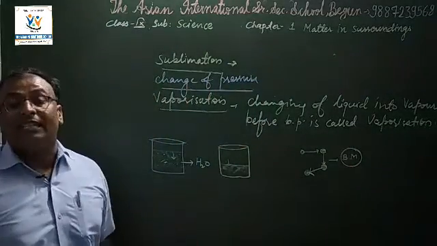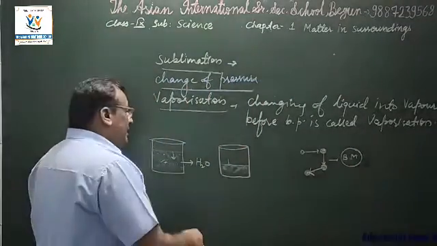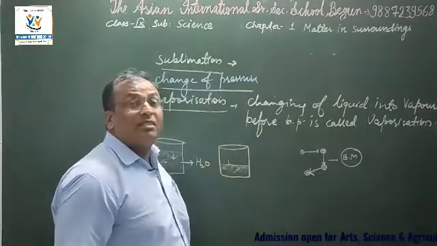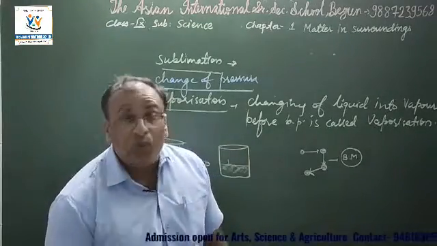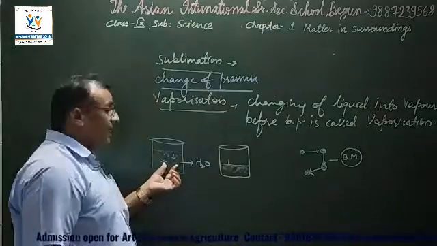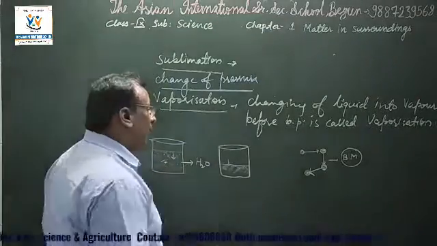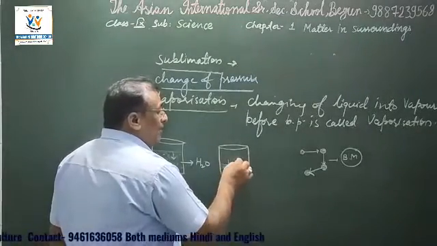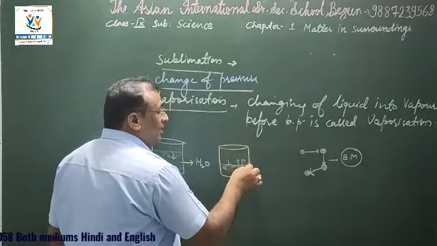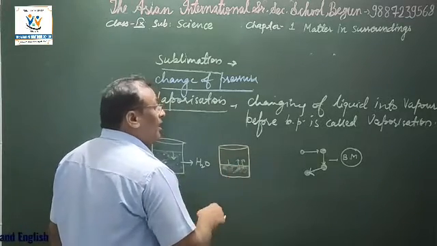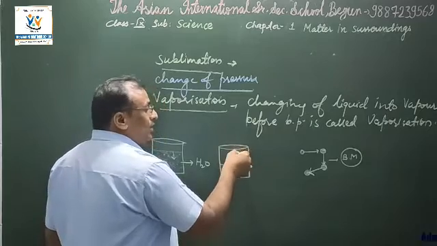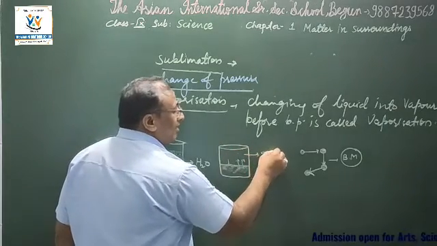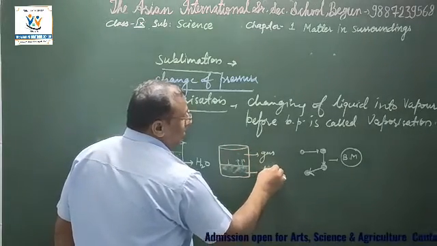Due to this, the particles become energized. And due to their higher energy, some of the particles leave the surface and move into the gas state. This is gas and this is liquid.